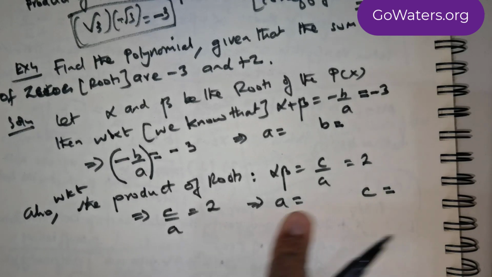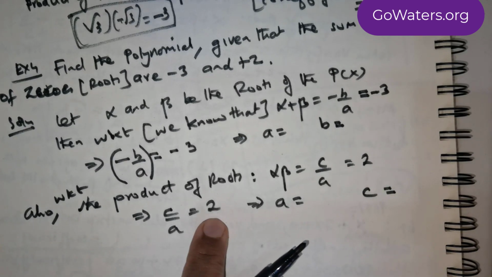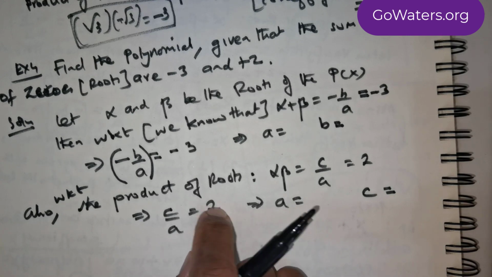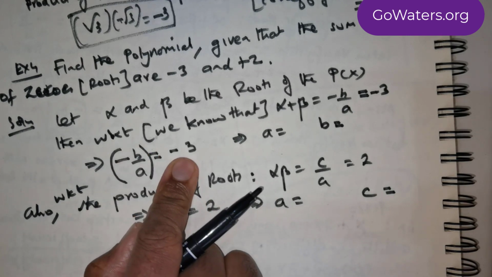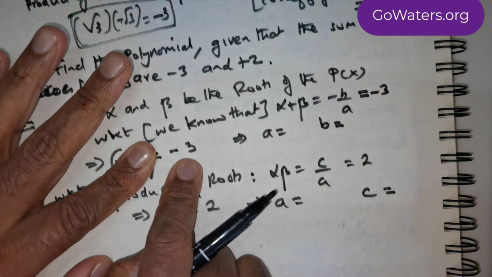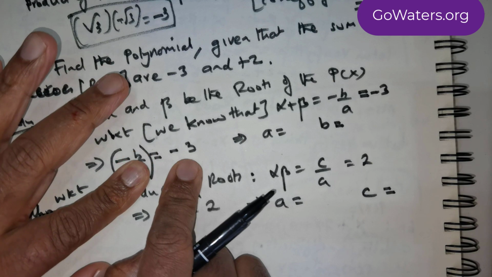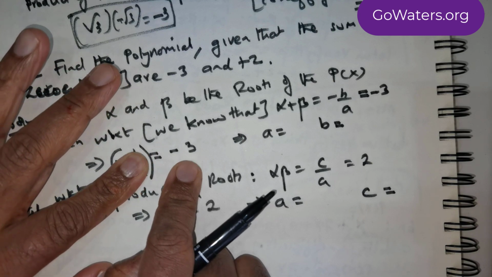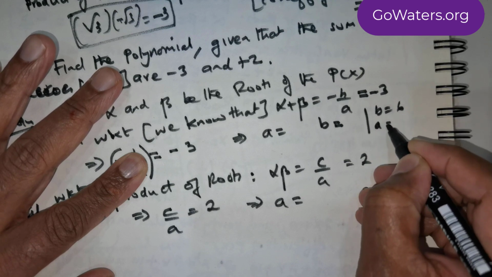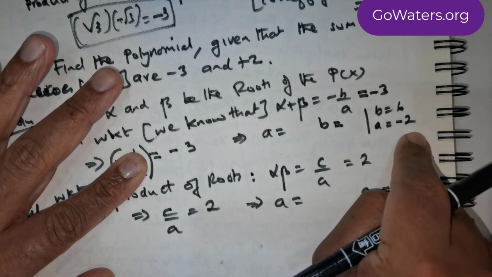Now more than anything else, we have to ensure that there is a positivity here. Now I need to get -3 here. Now -3 is possible if I were to take b is equal to, say, 6 and a is equal to -2, then it's possible.